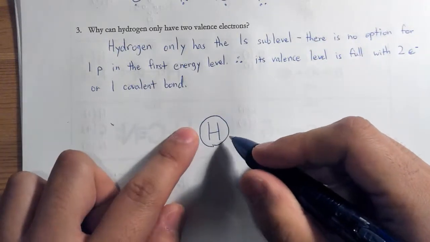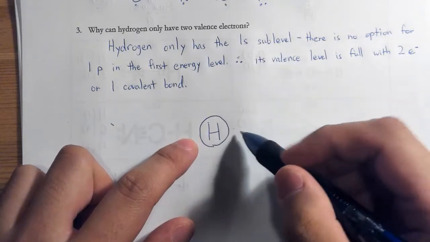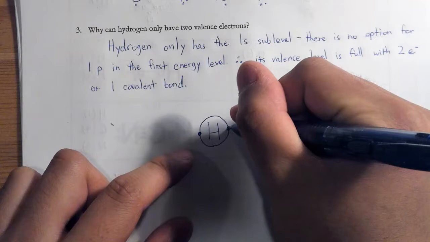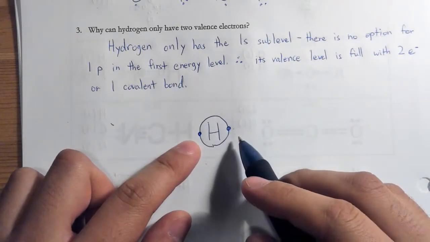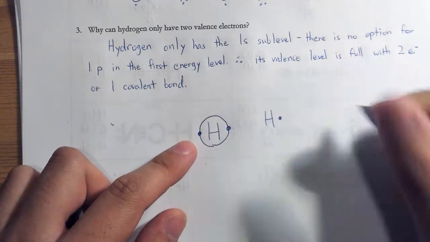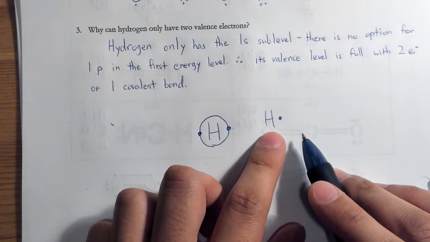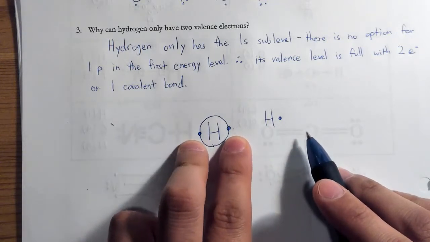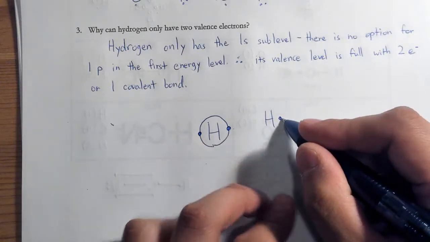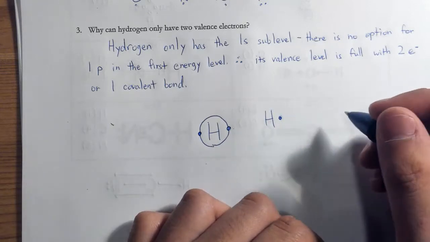So in the first energy level, or a 1s sublevel, there's going to be 2 valence electrons. We have learned that hydrogen has 1 valence electron. That's correct. But the maximum amount of valence electrons that hydrogen can have is 2, because we have to bond this single electron with a different element, whatever element we want to choose.